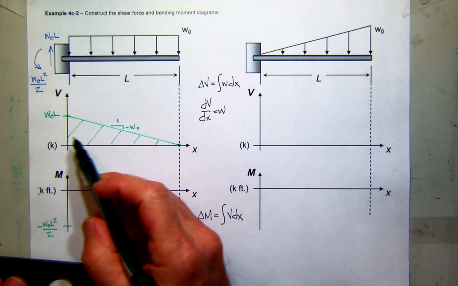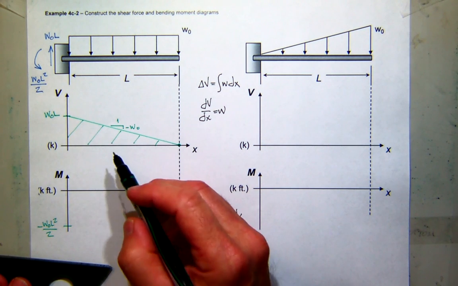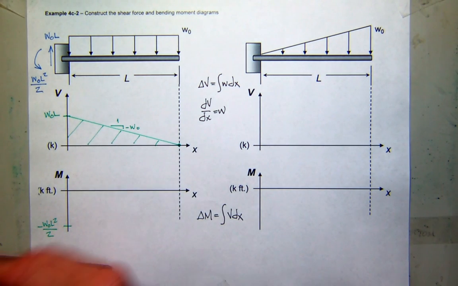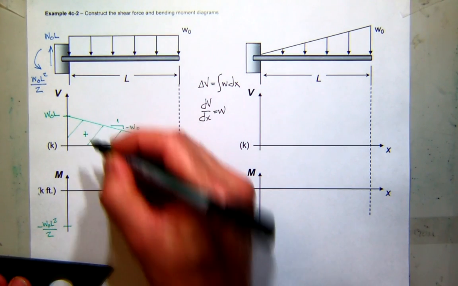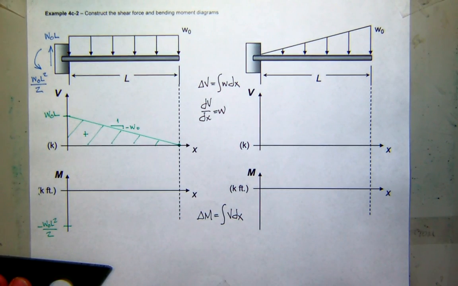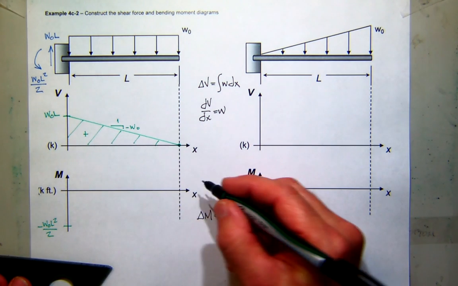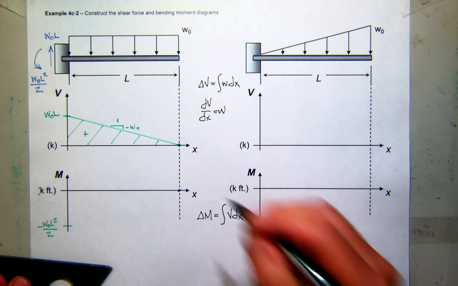Well, that's easy. That shear diagram is a what? Triangle. 1/2 base times height. And it's positive. So 1/2 base L times height, W naught L, is W naught L squared over 2. And that's positive. You add it to the negative W naught L squared over 2, and you get 0.